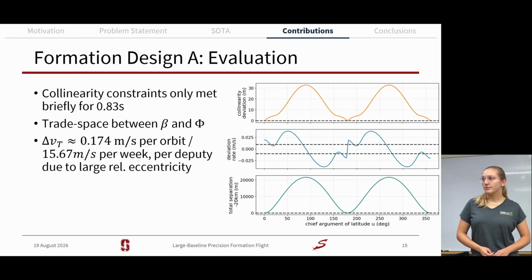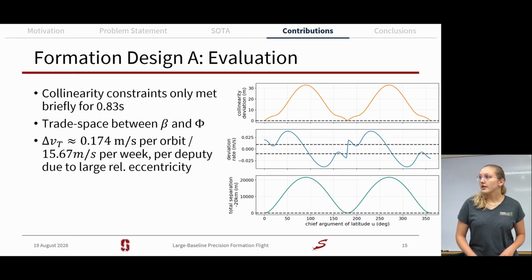Another downside is that we have huge relative eccentricities, and that's why we get a very large delta V of 0.074 meters per second per orbit for each deputy, and that scales up to a weekly budget of 15.67 meters per second per week per deputy. So overall, we get the feeling that maybe this is not the best way to exploit our natural motion to make this large baseline formation design possible.